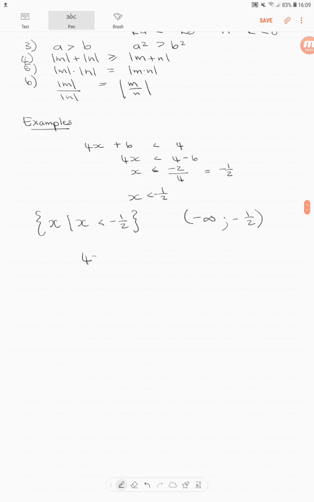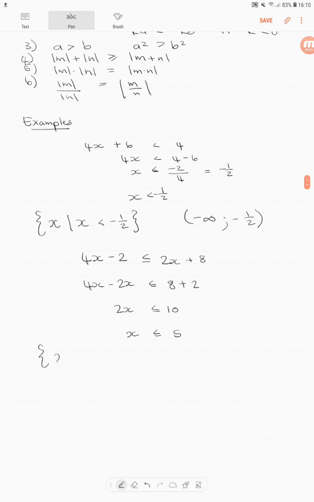If we have 4x minus 2 smaller or equal to 2x plus 8, again 4x minus 2x must be smaller or equal to 8 plus 2, taking all the unknowns to the left and constants to the right. That means 2x must be smaller or equal to 10, which means x must be smaller or equal to 5.